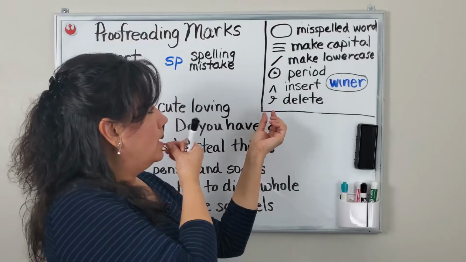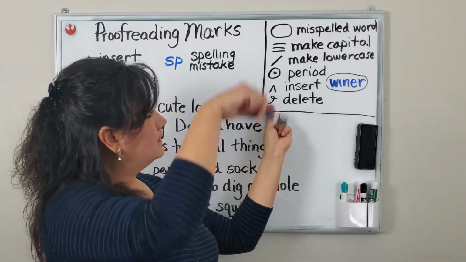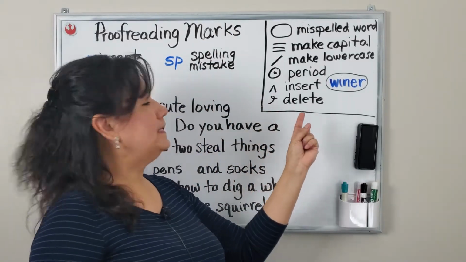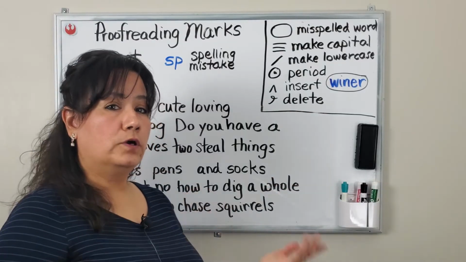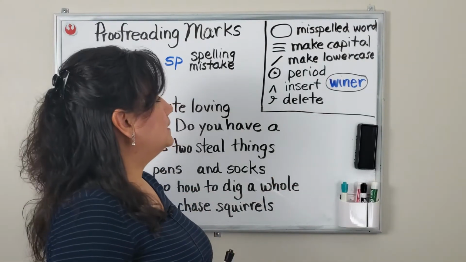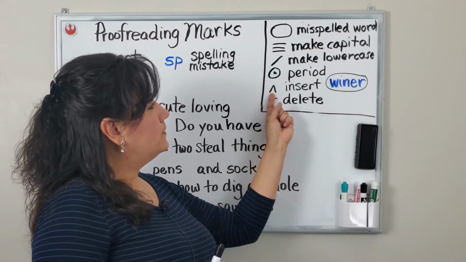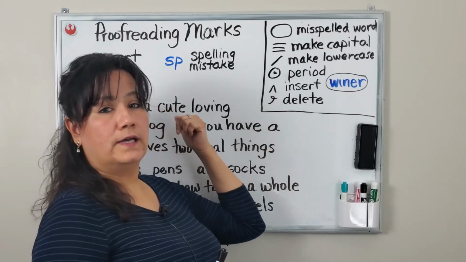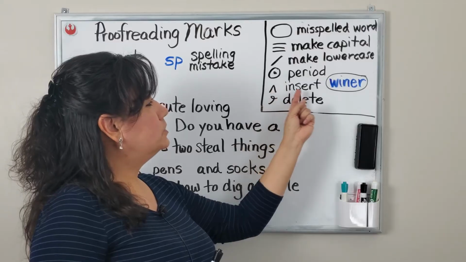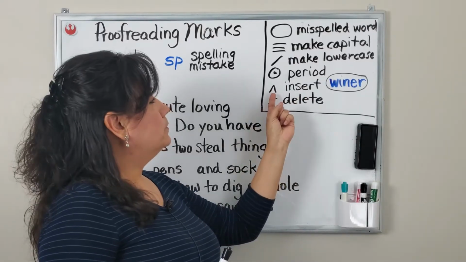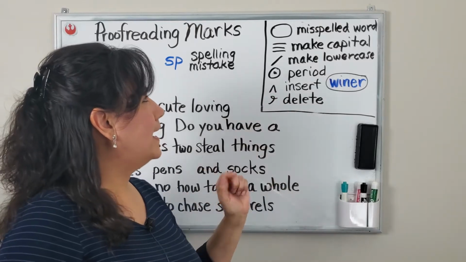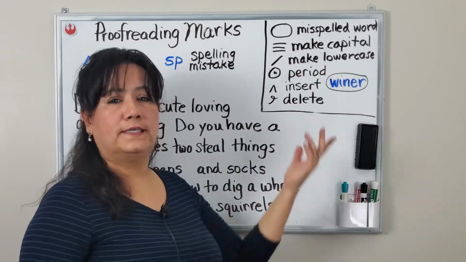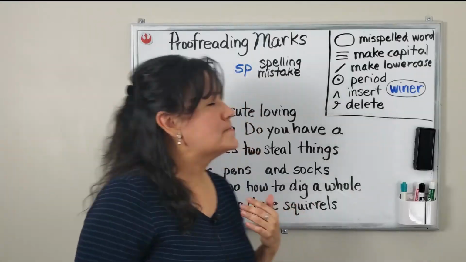Then we have this little squiggly cursive E, and it means to delete. Delete either a word, delete a letter, delete something. And then of course, something we're going to see over here in language is the insert. So we're going to talk about this symbol and misspelled words in language this week, okay?